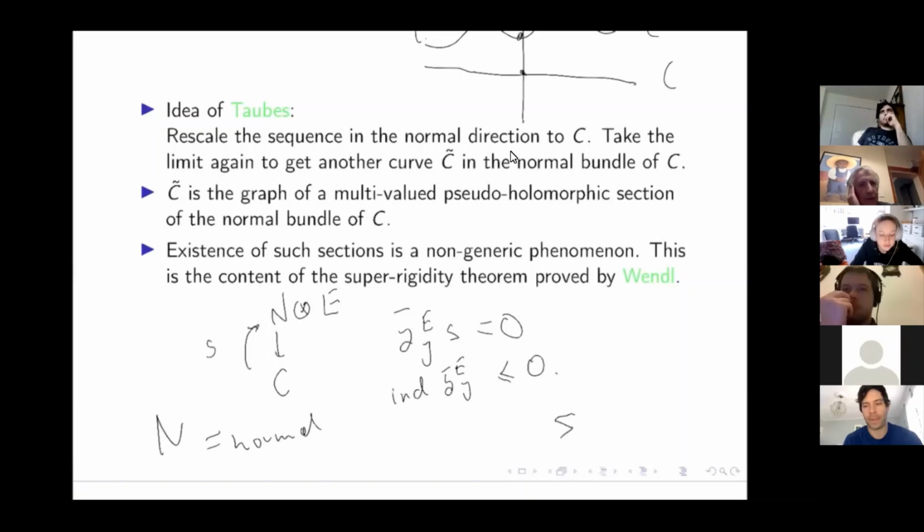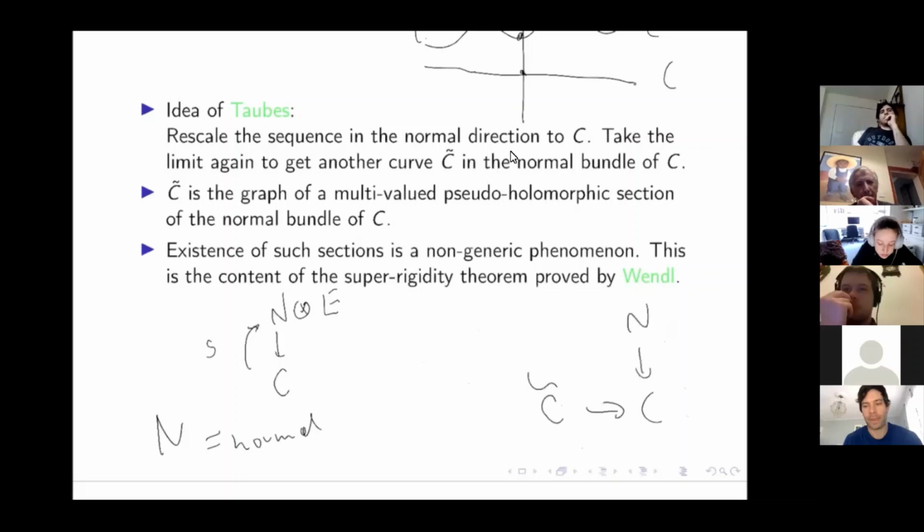So if you have C twiddle, which is the branch cover of C, this guy has a normal bundle. And this guy has a pullback bundle.